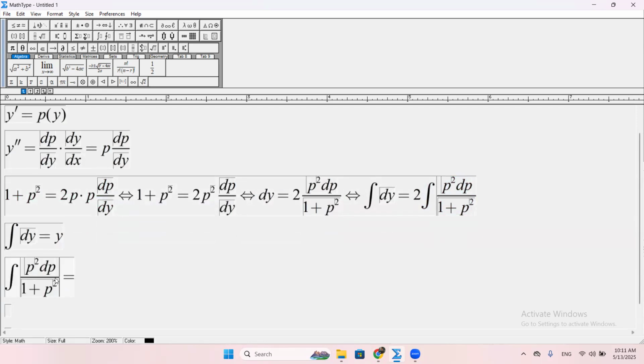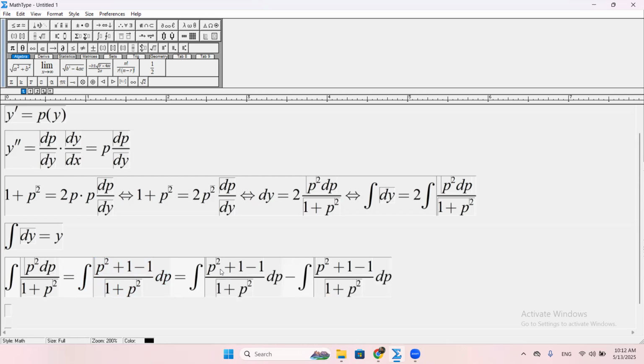We'll need to simplify it a little bit: p squared equals p squared plus 1 minus 1. So we will have the following integrals: 1 and minus 1 over 1 plus p squared dp.